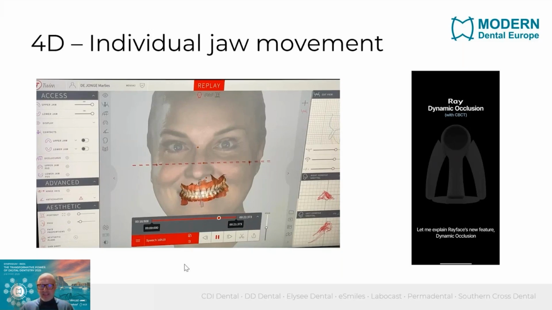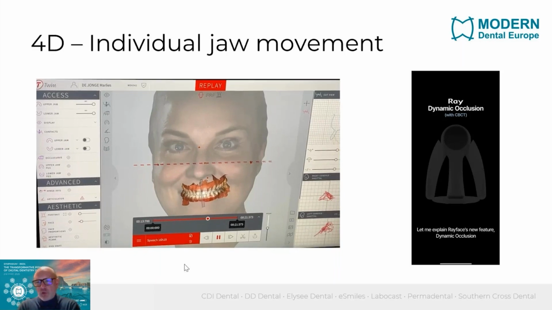This is the next level. The next step is all can be integrated also in the Exocad software, so we can also add this to the smile design. Mojo is one option.